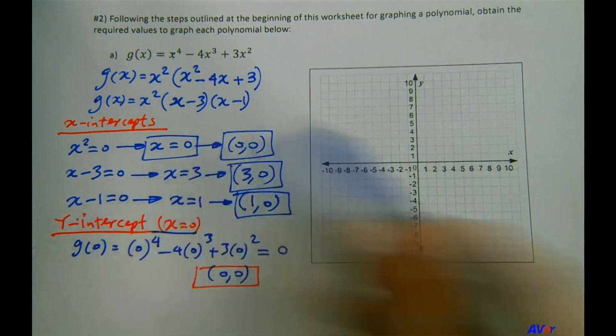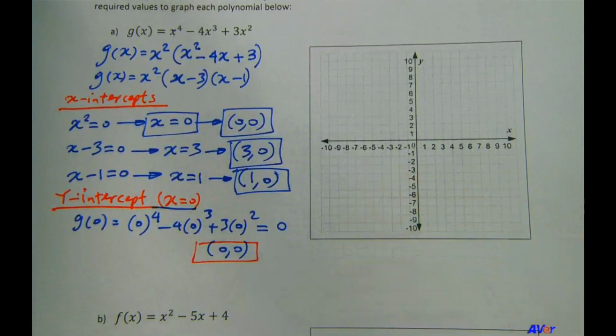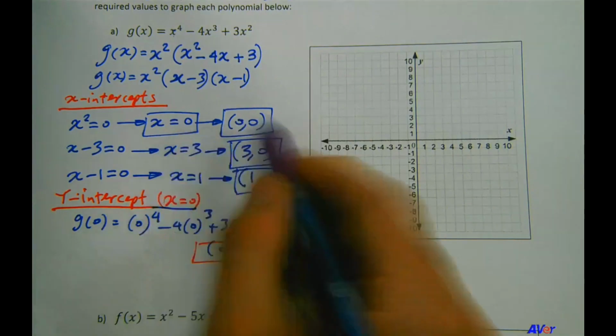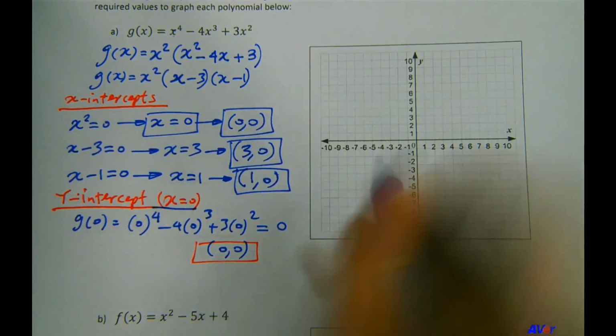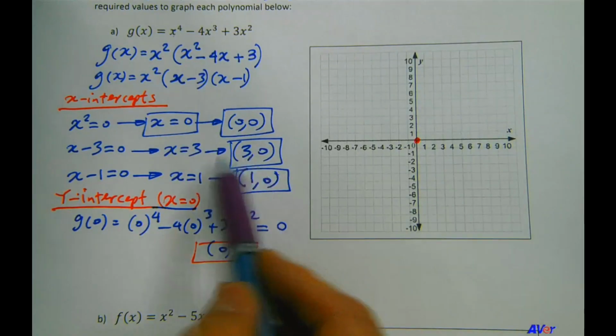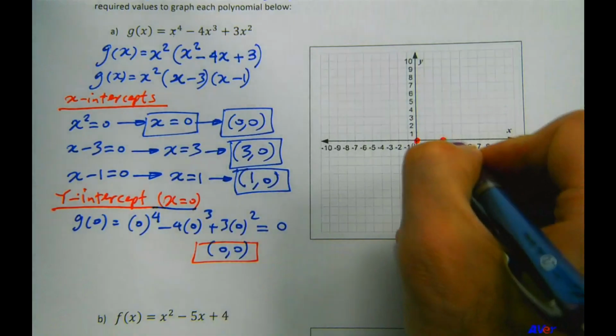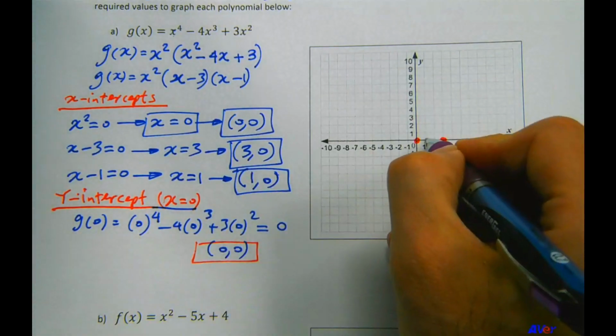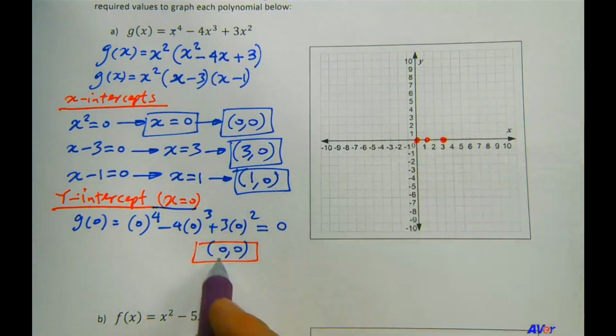But let's first identify all these points, x and y intercepts, on the graph, right? So (0, 0) is both the x and the y intercept, so it's right there. (3, 0) is the x-intercept, right there. (1, 0), right there. And (0, 0).